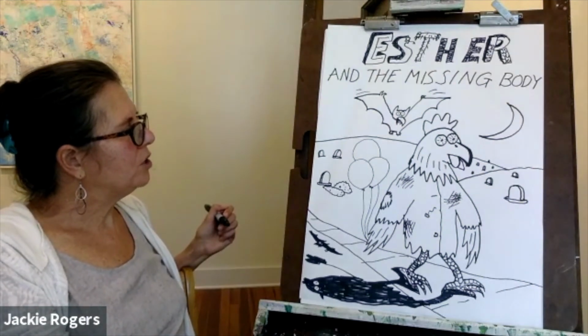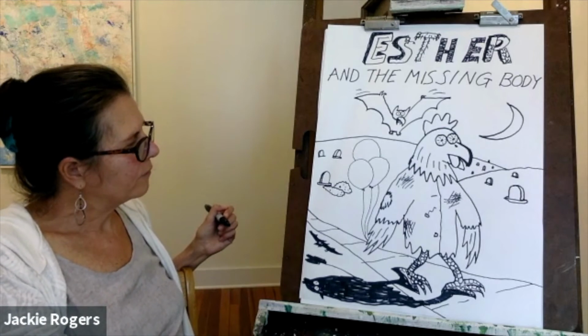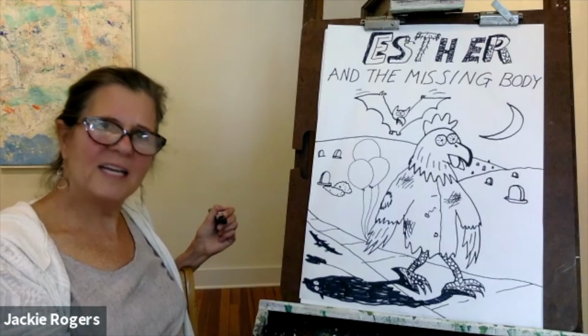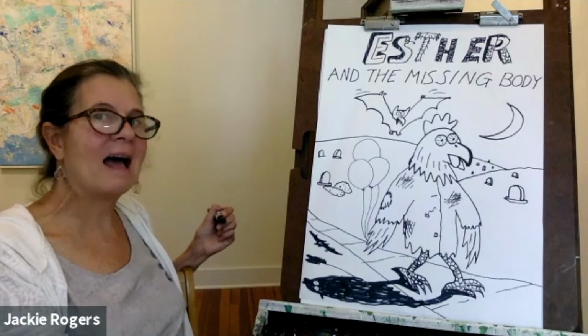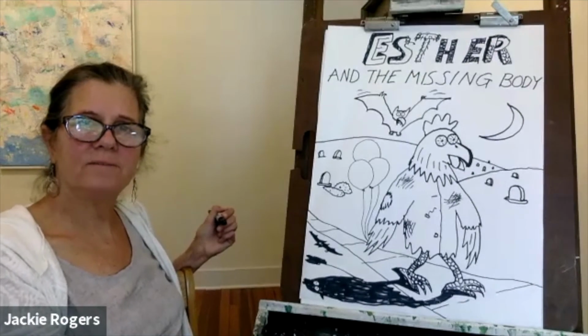And she notices that there is a grave that's been dug up. What connection could the missing body have to Esther? Is there a connection? Yeah, Paxton. Since she's a zombie chicken, that could be her missing body. Like the missing body would reference her.